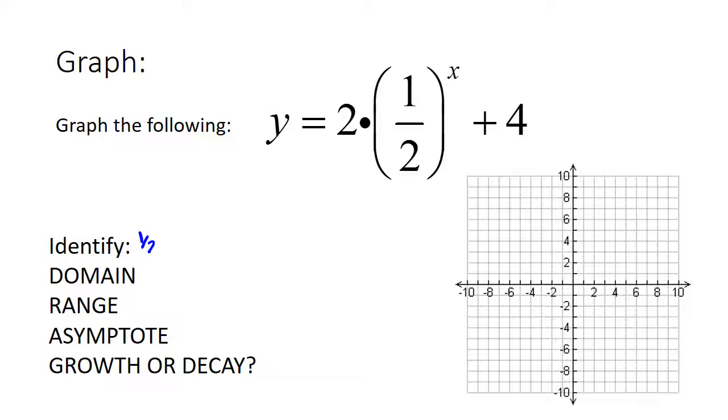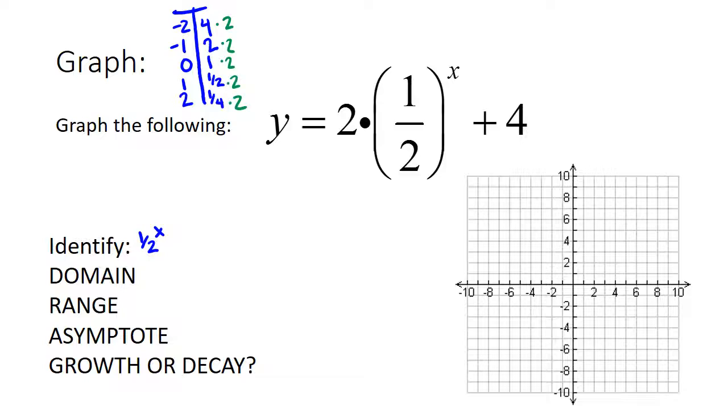This time my parent function is 1/2 to the x. So I'm going to stick to those same x values to start off with, but now anything to the 0 power is 1, anything to the 1 power is itself, if I square it. Now to the negative power I flip it, so I end up with a 2, or I end up with a 4. Our transformations are times the y's by 2.